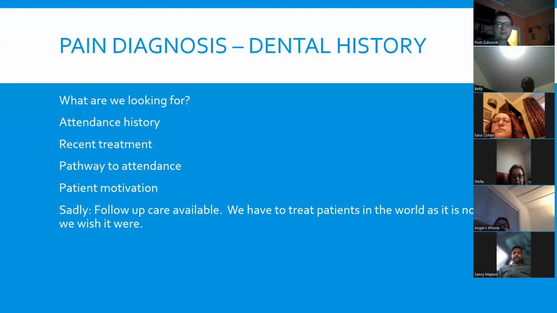And I think we've got to treat patients in the world as it is, not as we wish it were. The sort of thing I'm referring to is that if, for example, a patient has spent the last year looking for a dentist and in pain and suddenly got to us, and we say, well, look, we could extirpate this upper 7 and then do a root canal filling later on a curved root.